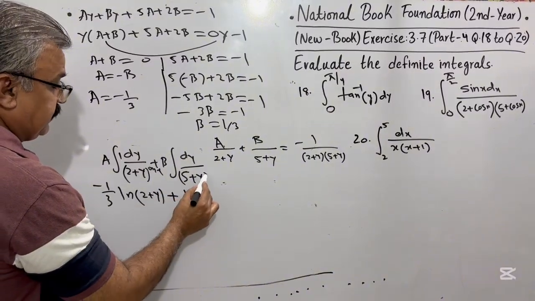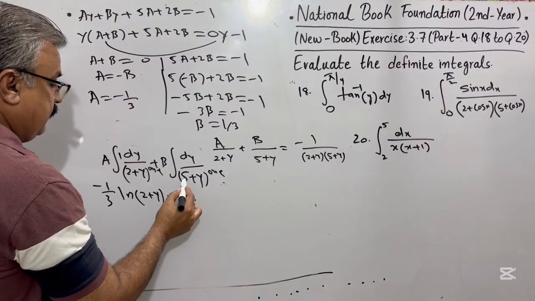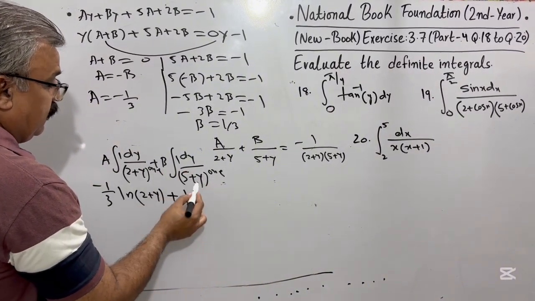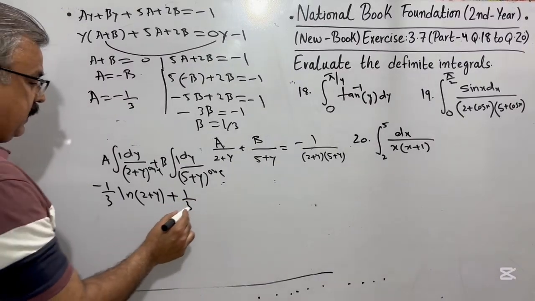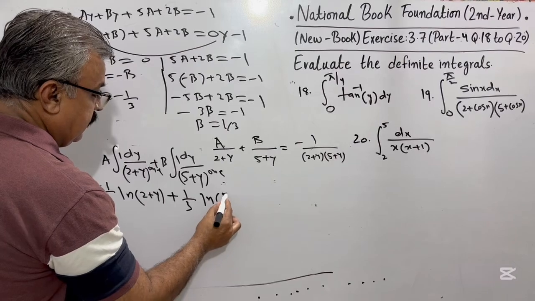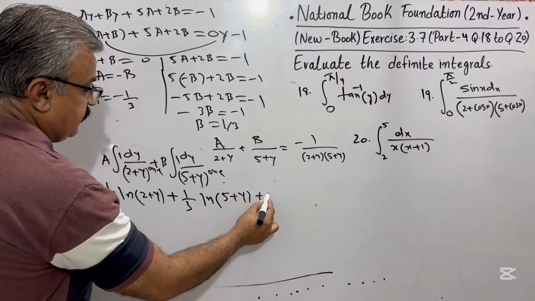Same situation prevails here. 5 plus y, differentiation of y is 1. Function derivative, function is in the denominator having power 1. It is another situation of ln(5 plus y) plus c.